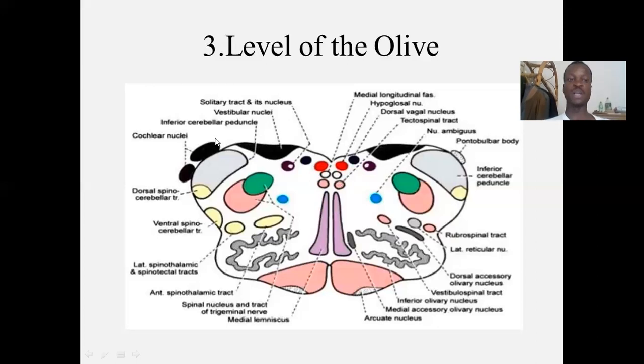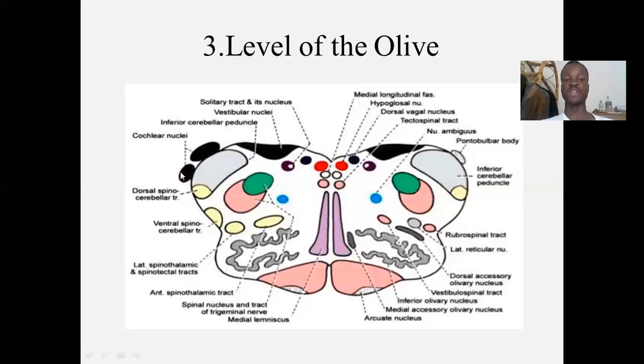Then the cochlear nuclei, you're going to have a ventral one and a dorsal one. The dorsal one will further be divided into a part that is more anterior and a part that is dorsal, where you'll be having emergence of the dorsal and the intermediate acoustic stria respectively.